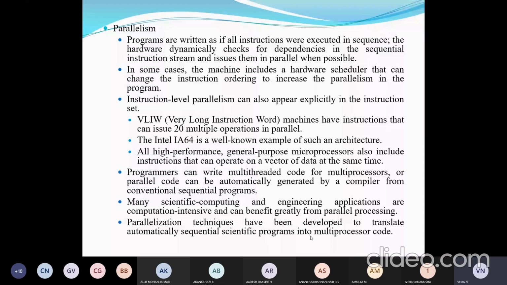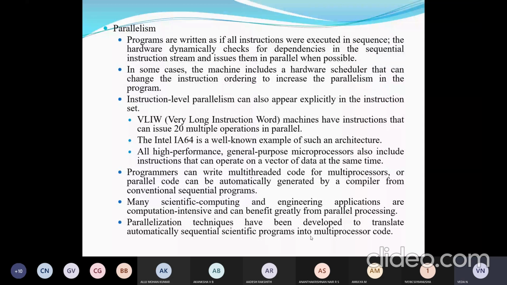Machines which support VLIW have instructions that can issue multiple operations in parallel. So you can think of how parallelism works. The best example which supports VLIW is the Intel IA-64 architecture.